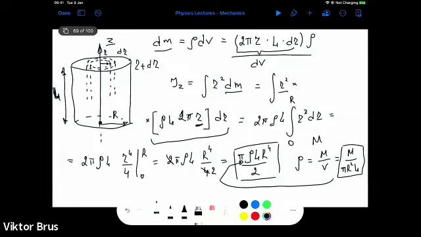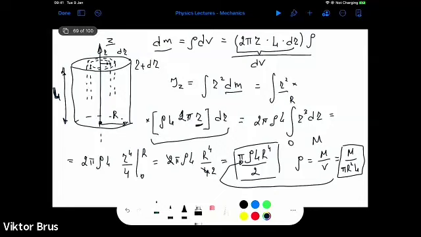It's an approach to calculate the moment of inertia for a rigid body about any axis of rotation which is shifted with respect to the center of mass, if you know the moment of inertia of this rigid body when it rotates about an axis which goes through the center of mass.